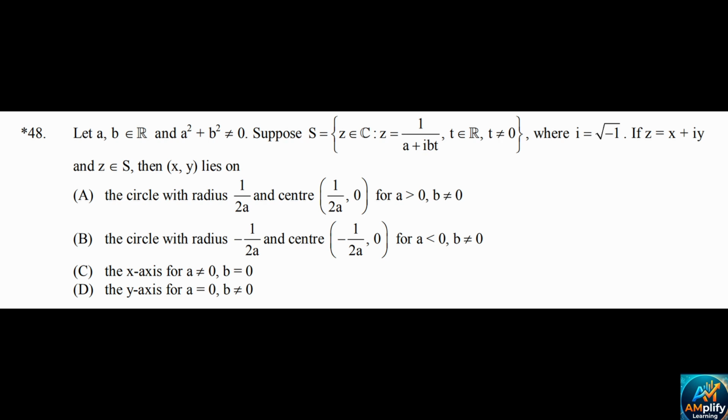So today we'll be solving a problem from complex numbers, and this was a question from 2016 JEE Advanced. So here's the problem. Let a, b belong to real numbers and a square plus b square not equal to 0.